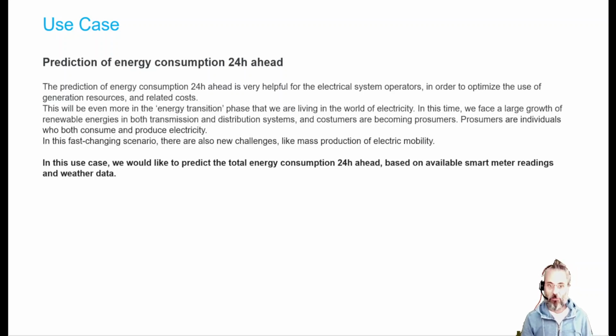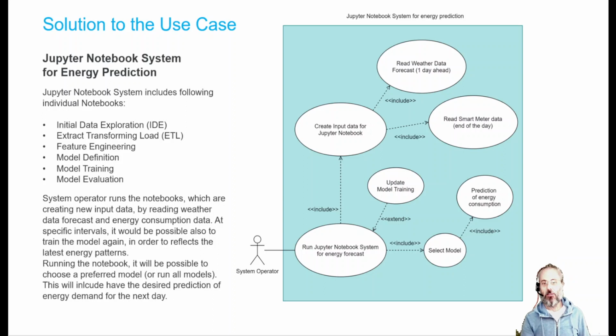In this use case, we would like to predict the total energy consumption of a full day ahead based on available smart meter readings and weather data. In this slide, we can see this use case. We have here what is called an actor in UML diagrams for use cases, that will run the Jupyter notebook, and this notebook also includes creation of input data from weather and smart meter data, and optionally the update of the model training, which can happen maybe once every 6 months or once a year.